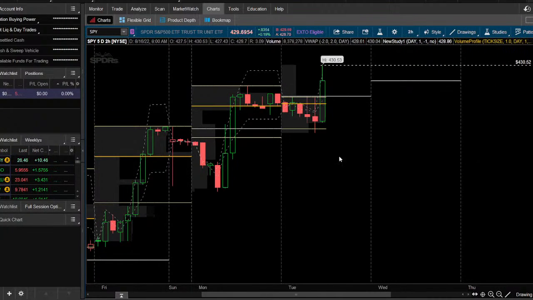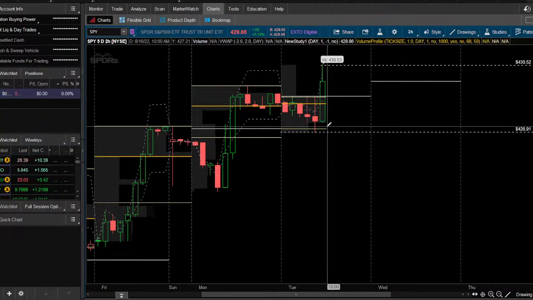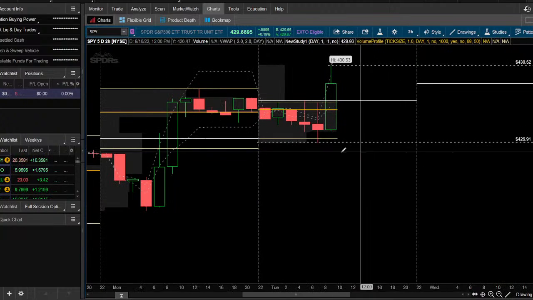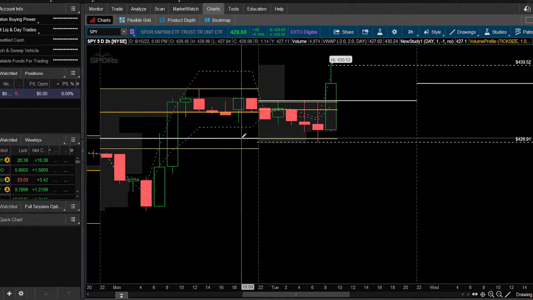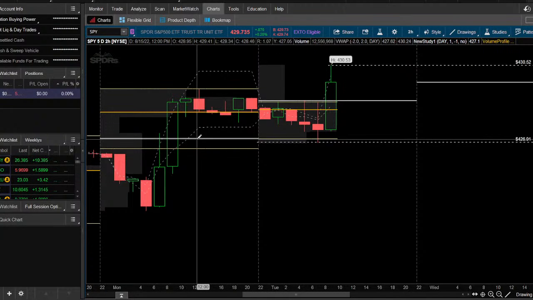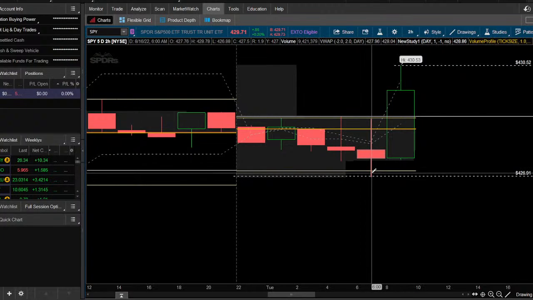So right here we could really put the range of today. Today I had a low of 427, which, if you could see, this line right here is the period they closed. So it closed here yesterday, and today it actually retested right here.